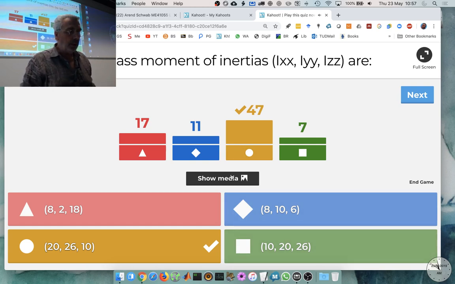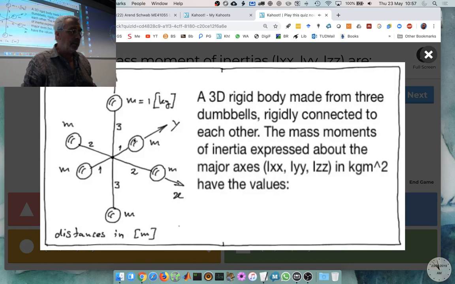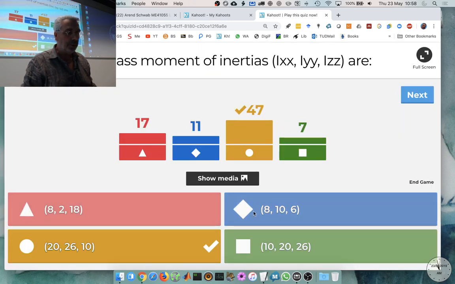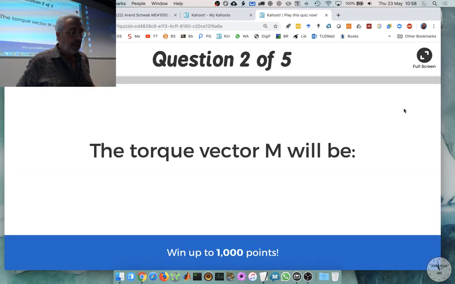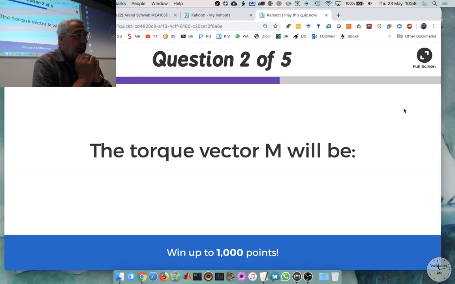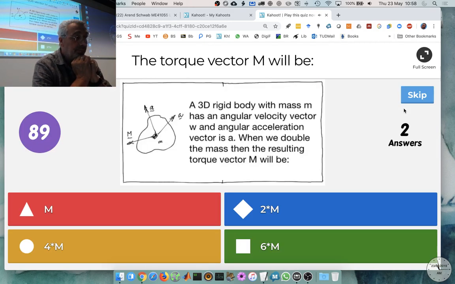If you look at the object, then the largest mass moment of inertia is clearly about the y-axis. So you should find an answer where the largest number is the y one, and then there are two possibilities, and then you just calculate one and find the solution. Okay. This is an easy one, I guess. Or not.